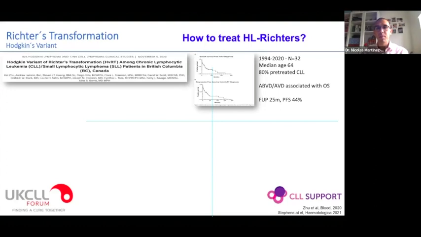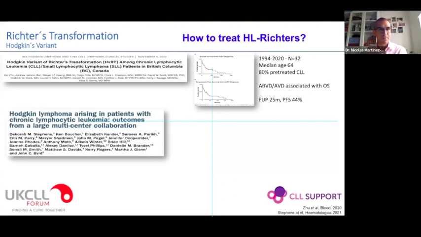But most of them have been pre-treated, and the only factor that was associated with prolonged survival is ABVD or AVD use, with PFS of 44%, which is what you would expect for an older cohort of Hodgkin lymphoma. So it's not very different to an unrelated Hodgkin, and the message here is use ABVD when you can, because that's probably the one with the most evidence.